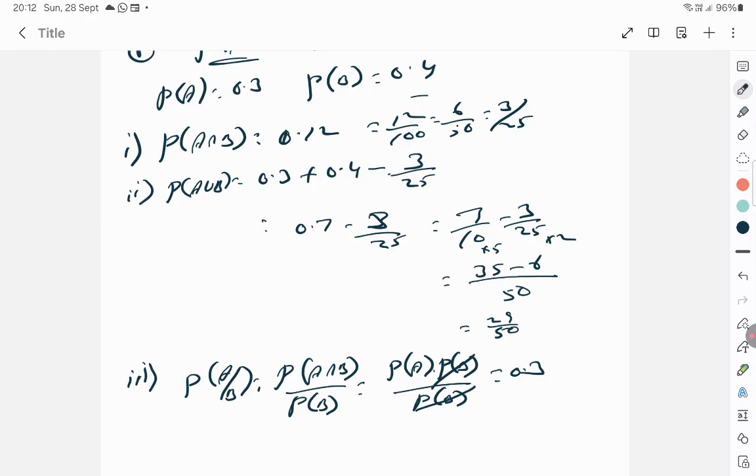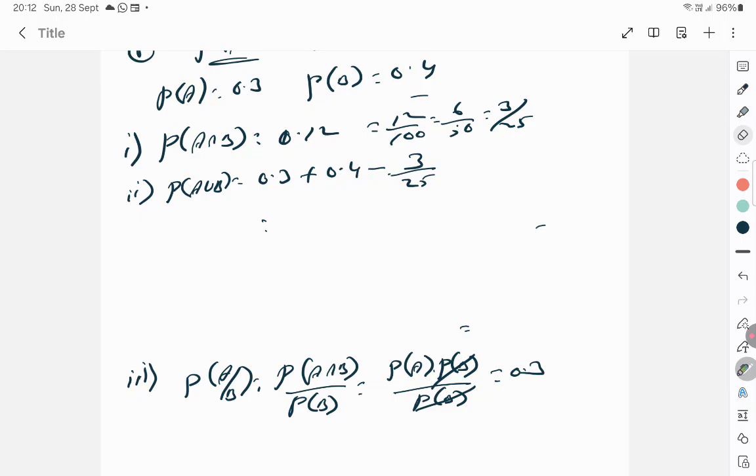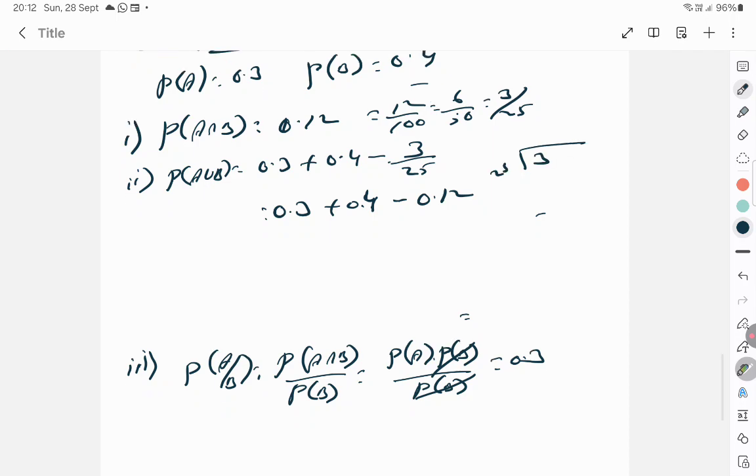Here what they have done is just take this and write here. This is 0.3 plus 0.4, and this is 0.12.